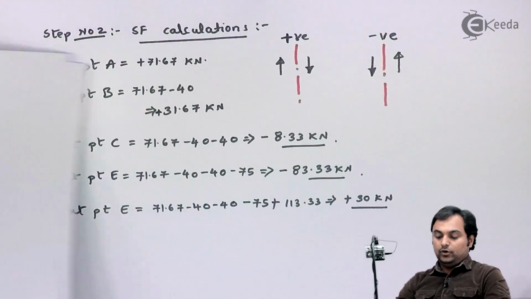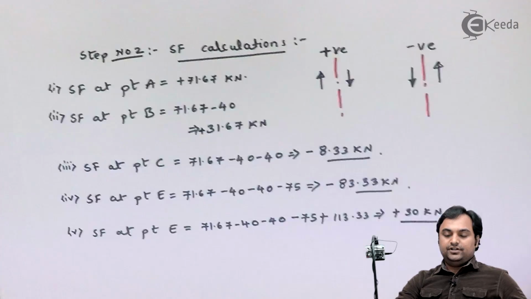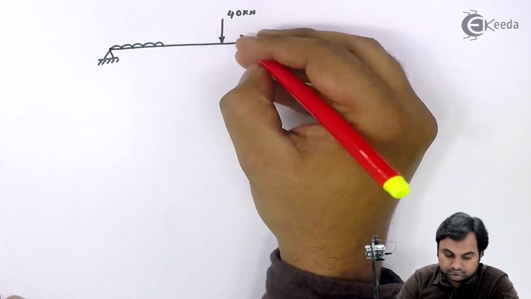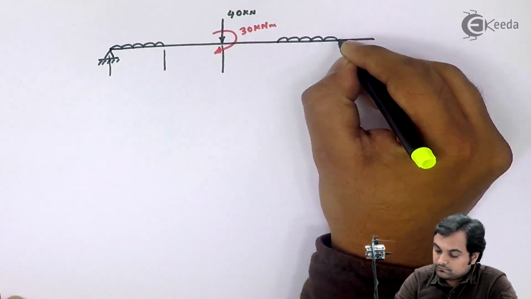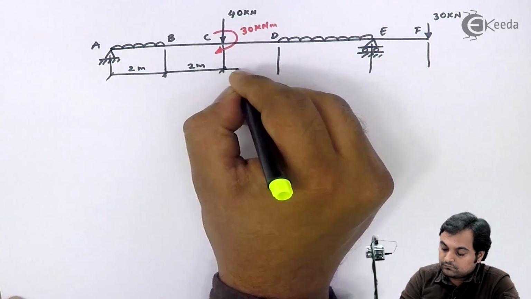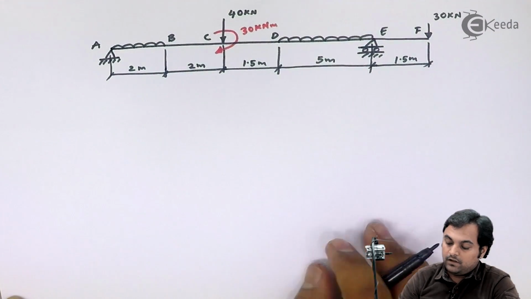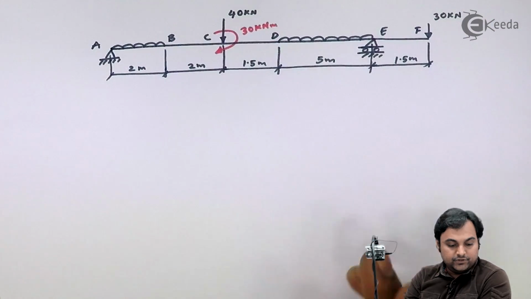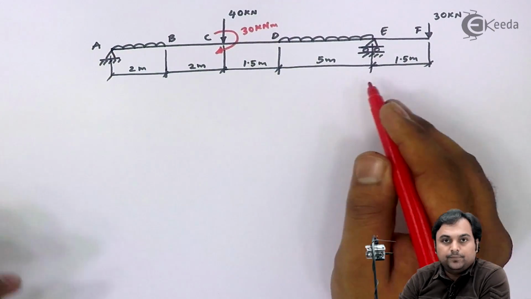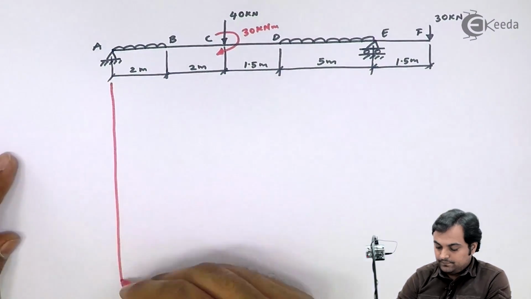Now once we have calculated shear force at each of the points, we can easily draw the shear force diagram. So for that I will draw the beam once again. This is the beam which is given in the question. Now to draw shear force diagram, we would be projecting the point downwards.